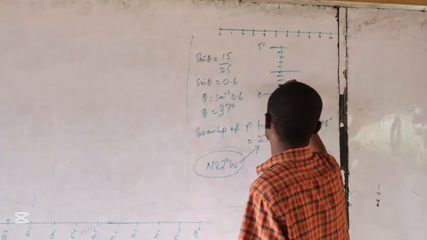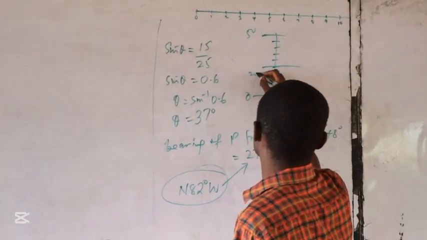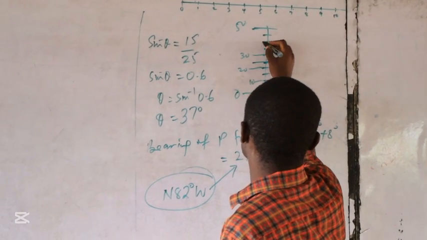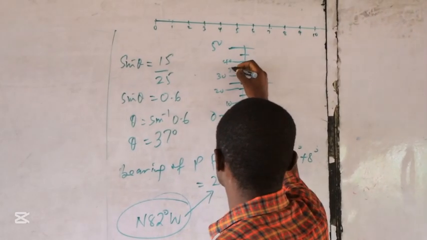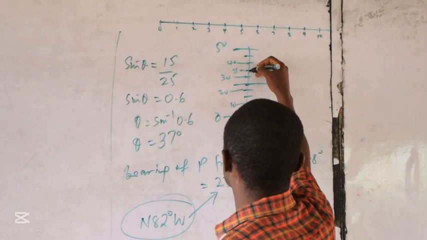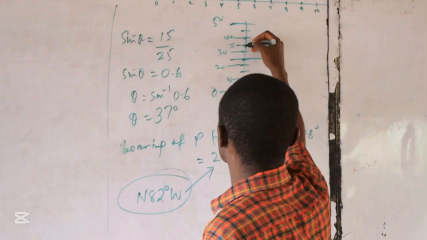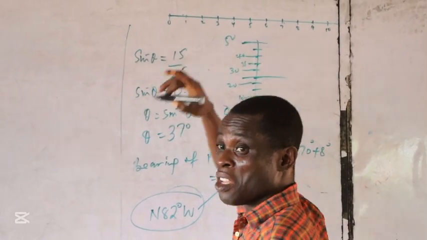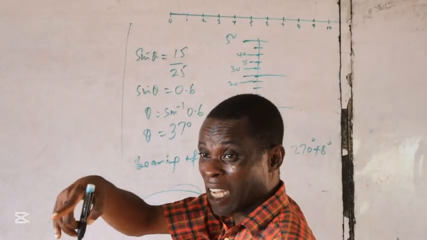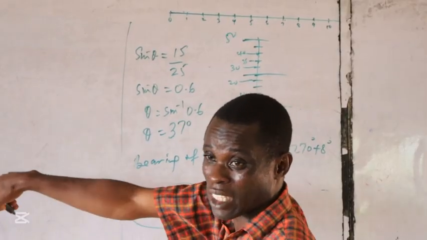So this is 10, 20, 30, 40. So this is 35. Half of this one is 2.5. When you add 2.5 to 35, that's 37.5. 37.5 is what I will plot for that 38. I can only get that 38 with this type of scale.